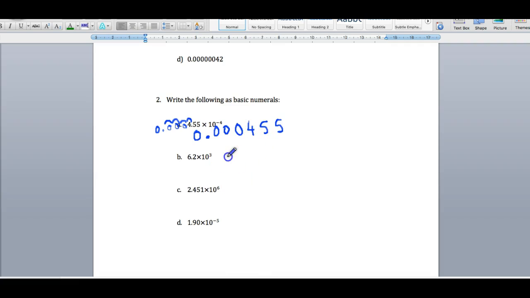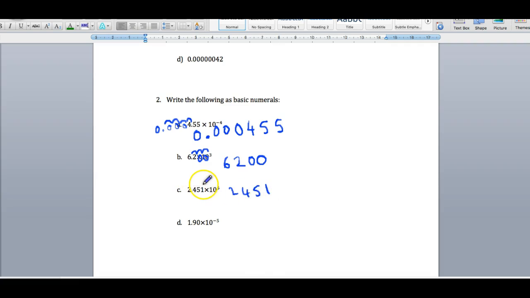All right, the next one is a very large number, so I'm going to write 6 and 2 without any decimals, and the decimal has moved 3 spots. So 1, 2, 3. So I'm just cheating here. Okay, so 1, 2, 3. So 6,200. All right, this one, 2, 4, 5, 1.